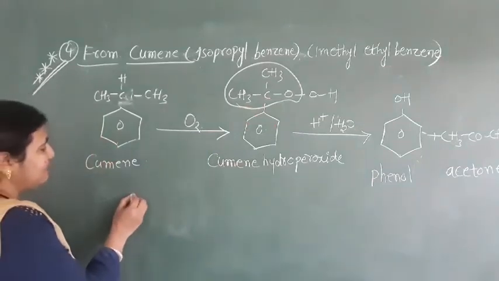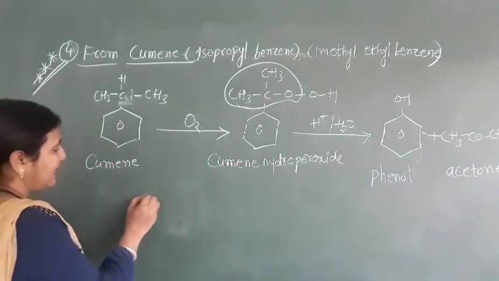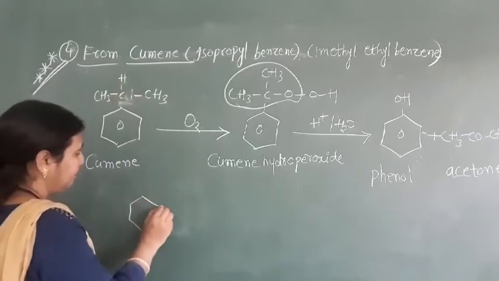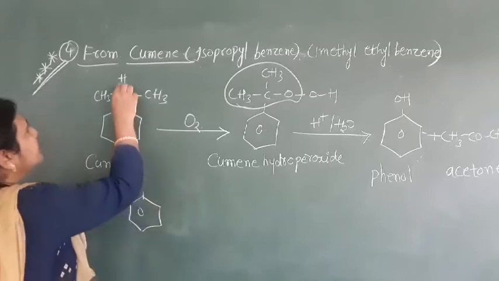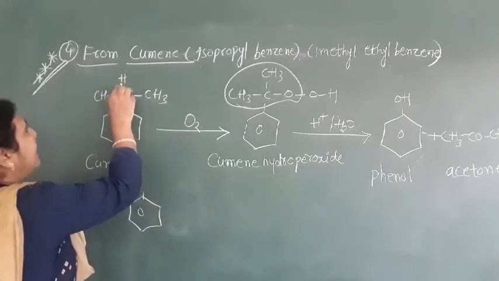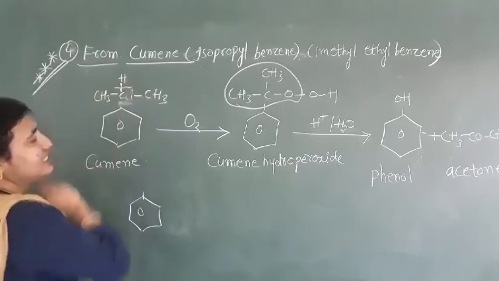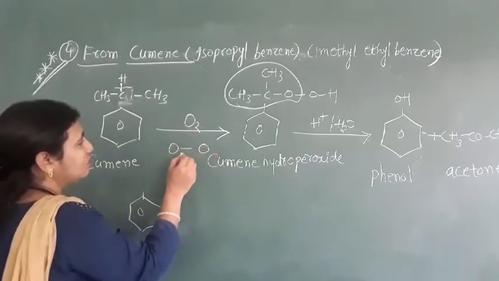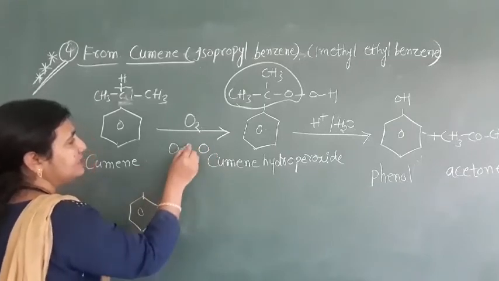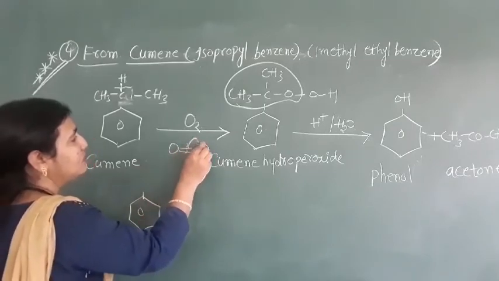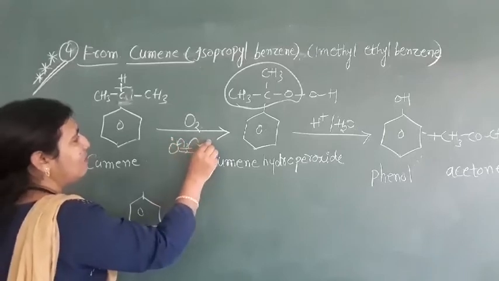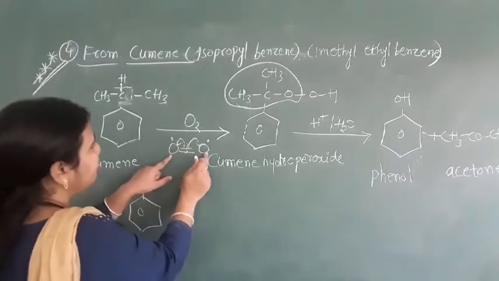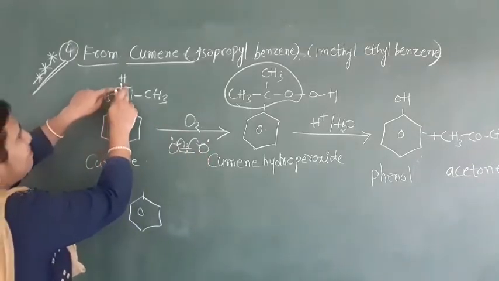Actually, if you see the mechanism for this one, homolysis will take place at this carbon and hydrogen. Homolysis means this bond breaks, and this is also a free radical. The oxygen is a double bond, so one bond will break and homolysis will take place, and a free radical will form. Now this OO with free radical will come and combine with this one.